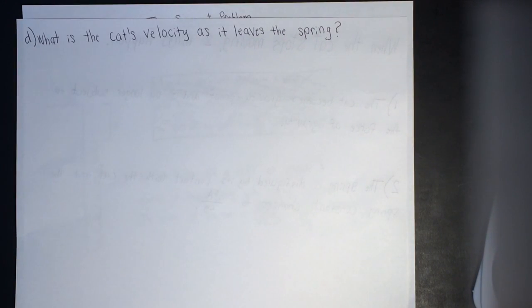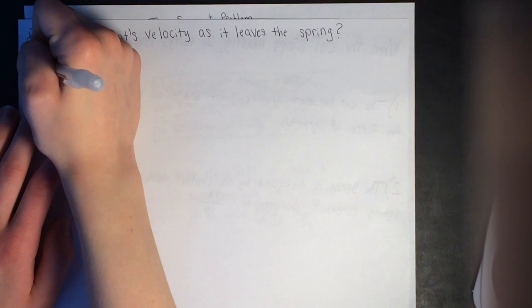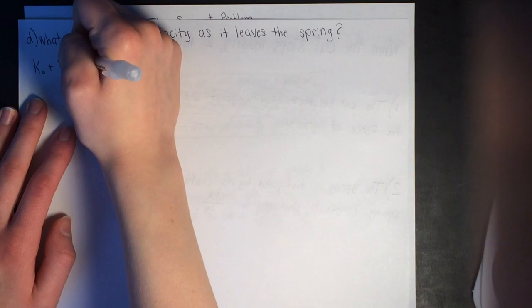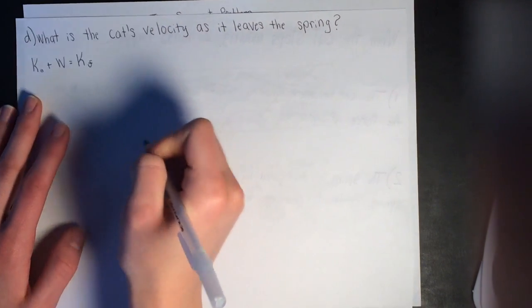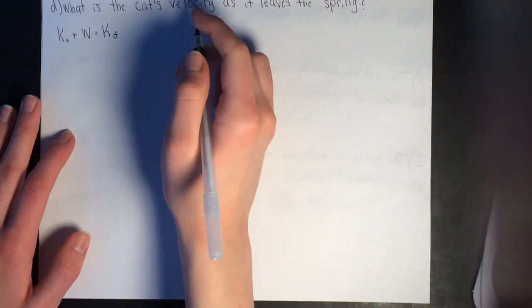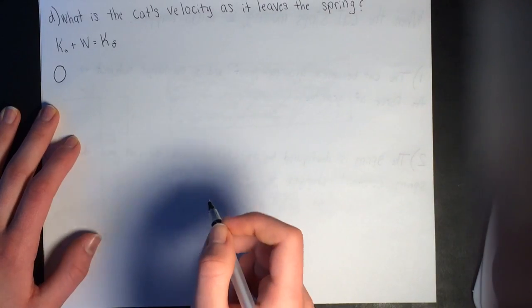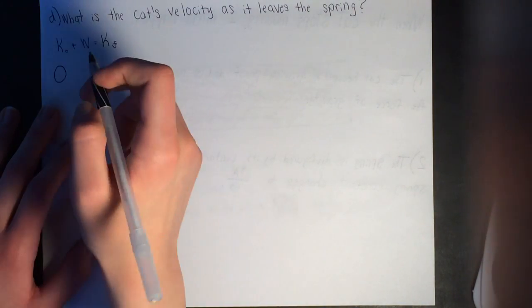So the first thing I would do is use kinetic energy and work again. Initial kinetic energy plus work is equal to final kinetic energy. In this case, the initial kinetic energy is going to be 0, because the initial is going to be when the spring is completely compressed and the cat is stopped.